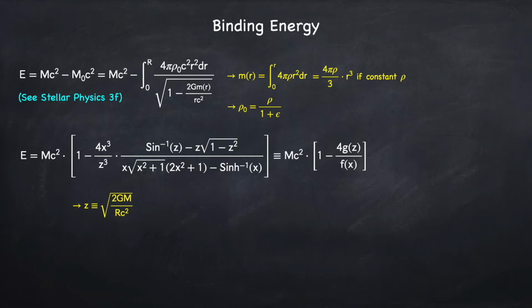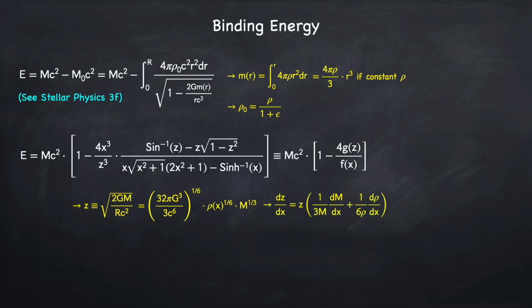Since we have constant density, the metric deviation can be rewritten in terms of the mass and the density instead of the mass and the radius, and in that case, we have z equals the following expression. So z will depend on both x and the gravitational mass of the star. From this expression, we can get the derivative of z with respect to x.